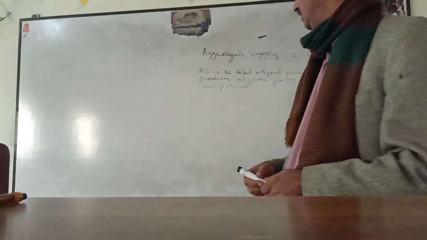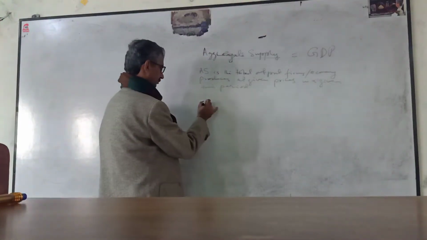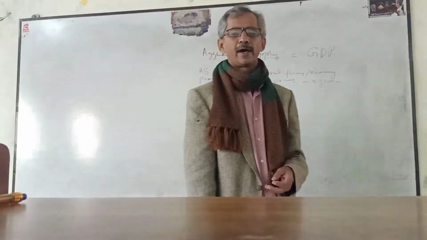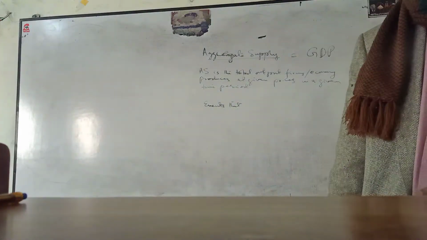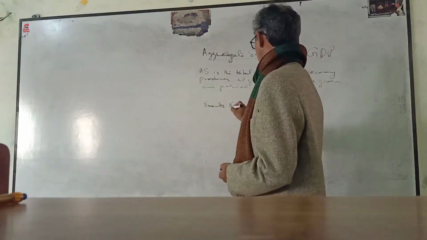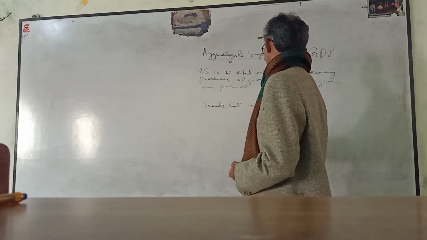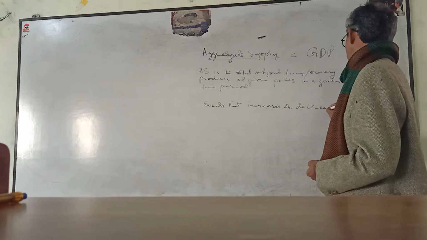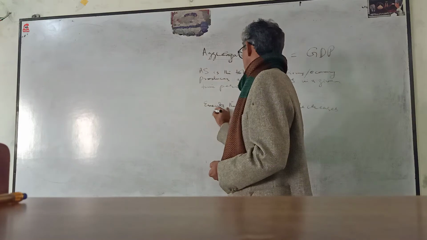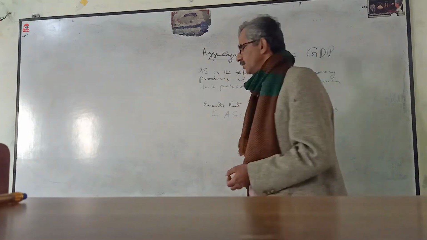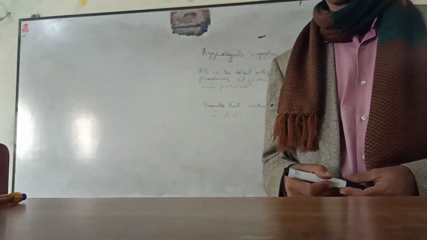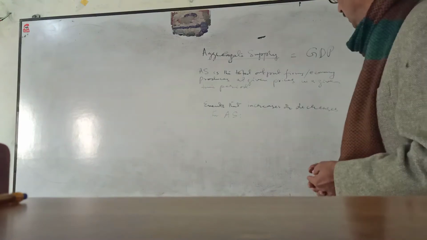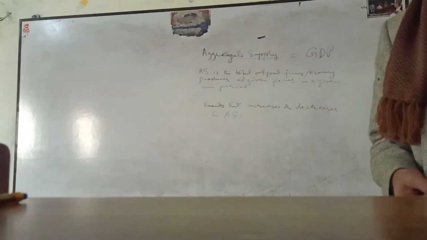And what are the events that increase or decrease the aggregate supply? What are the factors or events that may increase or decrease the aggregate supply in an economy?